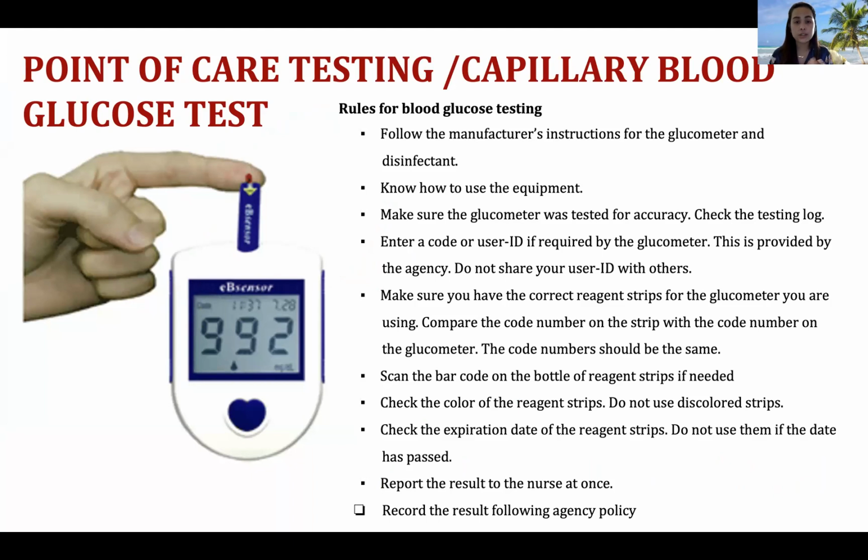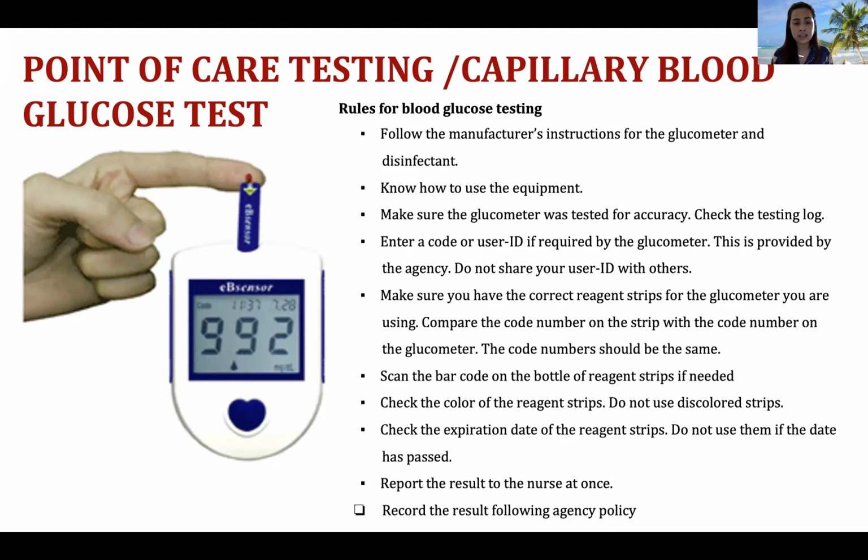What are the rules when we are using blood glucose testing? Follow the manufacturer's instructions for the glucometer and disinfectant. Different brands and companies that sell glucometer kits have different rules or instructions, so you should follow them. Next, know how to use the equipment.